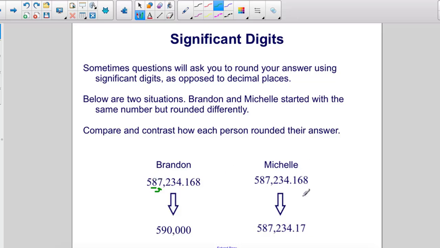Whereas Michelle, she only rounded off to the 100th place. So she looked at the 6, she looked to the right of it, it's greater than 5, so she rounded 6 up to 7. So Michelle rounded to the 100th place.